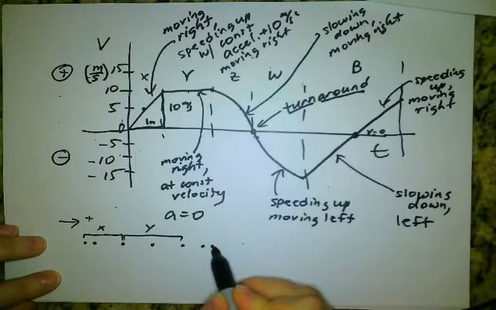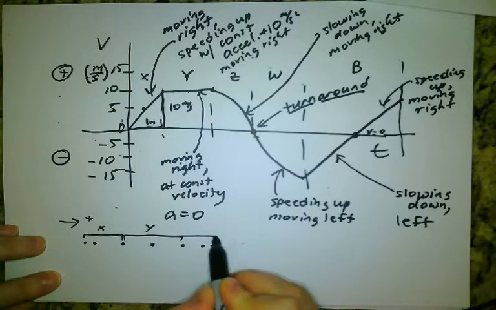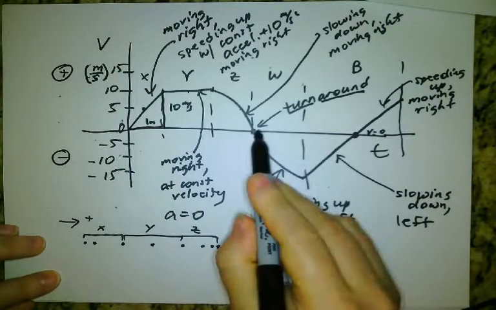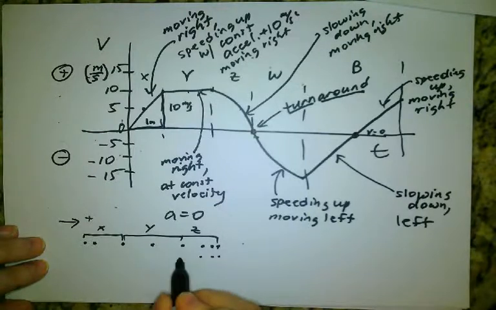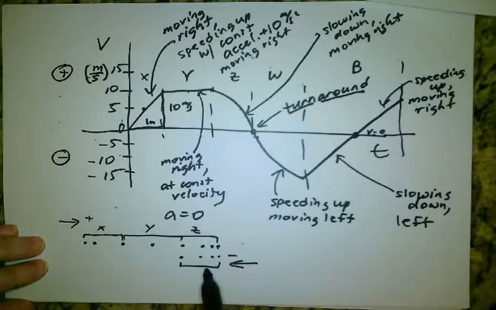And then I turn around and I speed up. I don't know if these accelerations are the same, but I'm going to double back and go backwards. Let's call this part, now I'm moving left in a negative direction. This part is W. And here it looks like I'm slowing down and still moving left, so I'm going that way, slowing down.